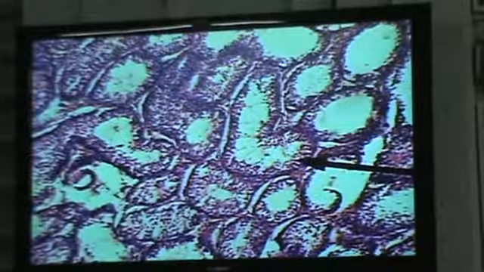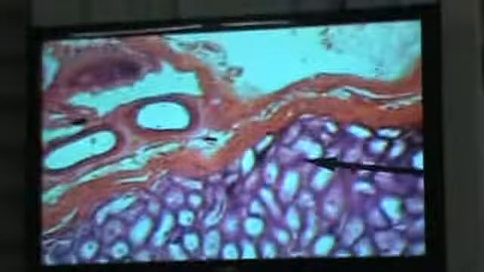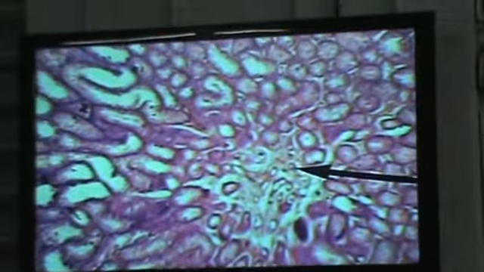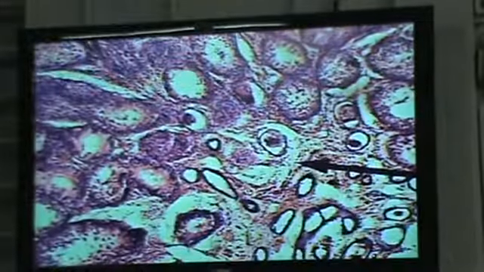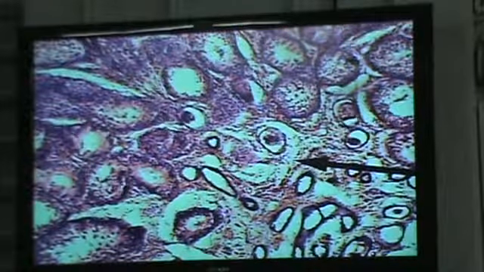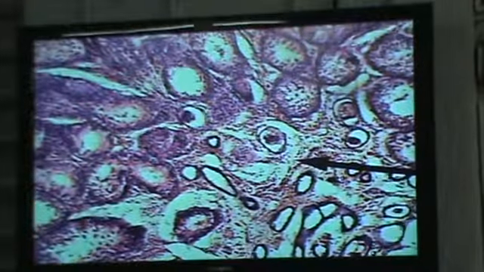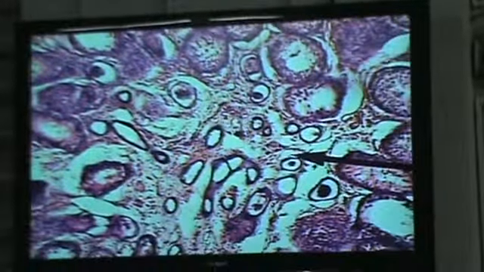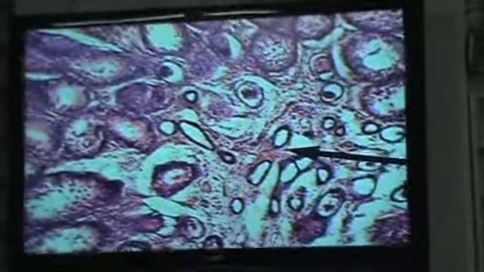That's the first slide we took yesterday. Let's look at the next slide. So we see this testis right now, and the beauty of this one is that it shows, right in the center, the straight ducts. So there we can see little examples of the straight ducts.